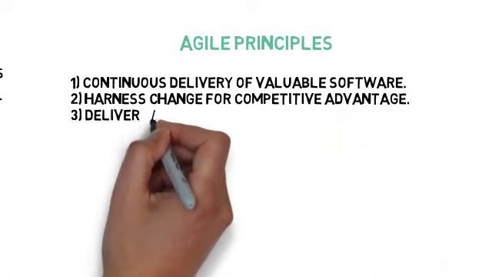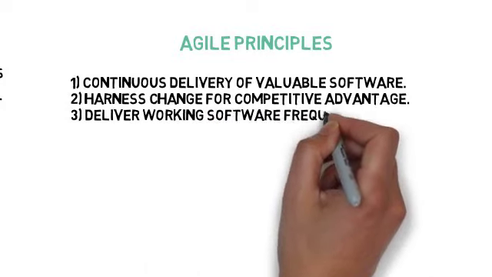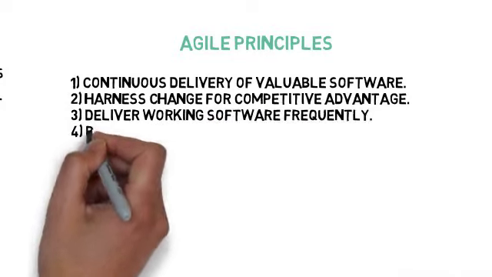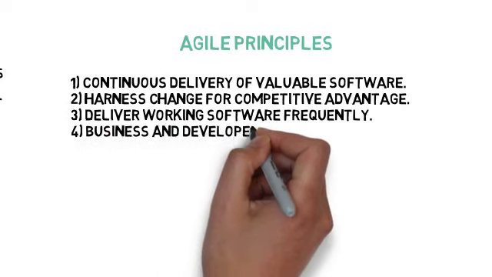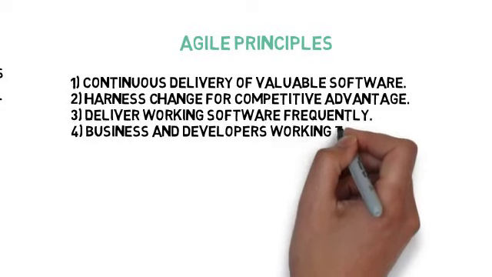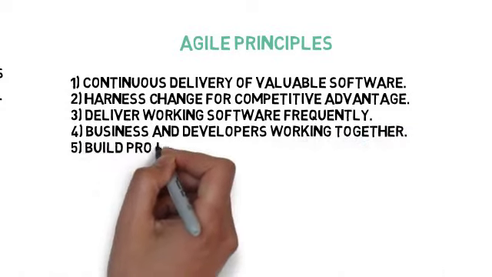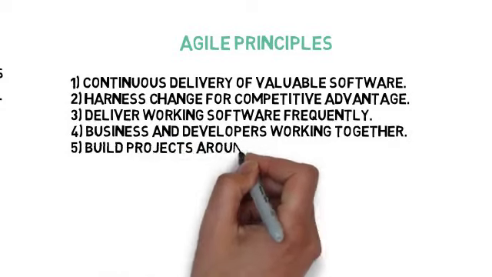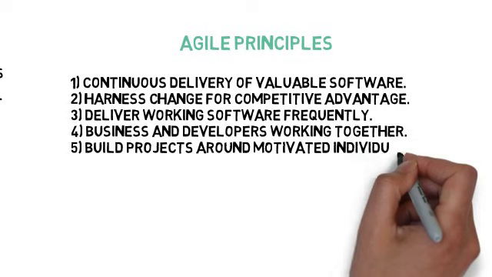Third principle, deliver working software frequently from a couple of weeks to a couple of months, with a preference to the shorter timescale. Fourth principle, business people and developers must work together daily throughout the project. Fifth principle, build projects around motivated individuals. Give them the environment and support they need, and trust them to get the job done.